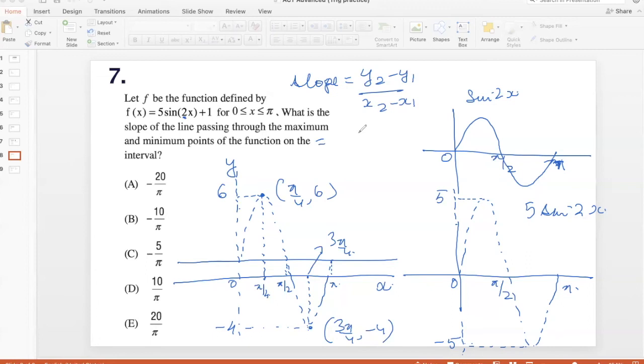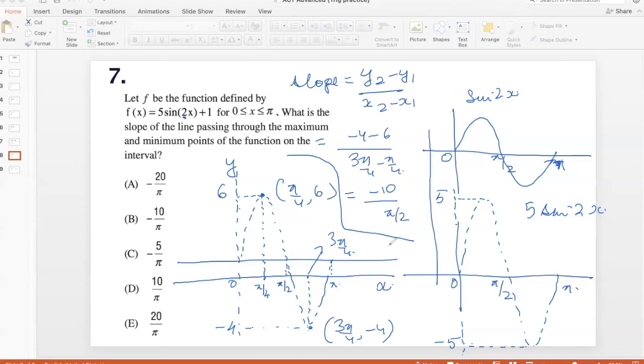So that would be minus 4 minus 6 divided by 3 pi by 4 minus pi by 4. So that will be minus 10 divided by pi by 2. And that would simply be minus 20 by pi. Option A. So the slope of this line that joins the maximum and minimum points of this graph would be minus 20 by pi.